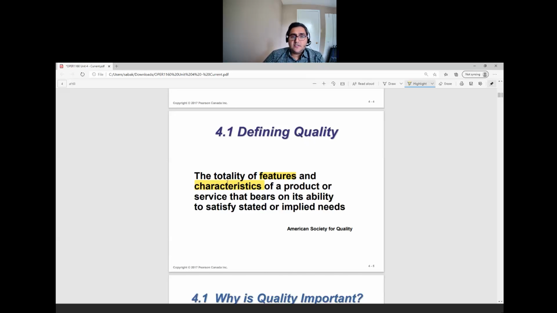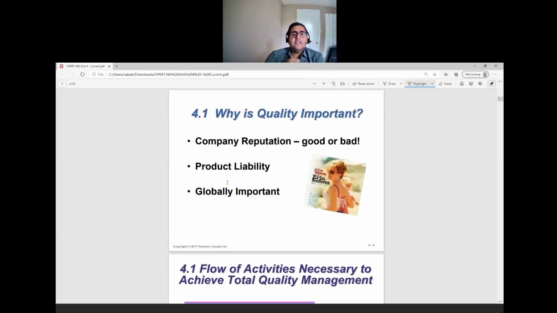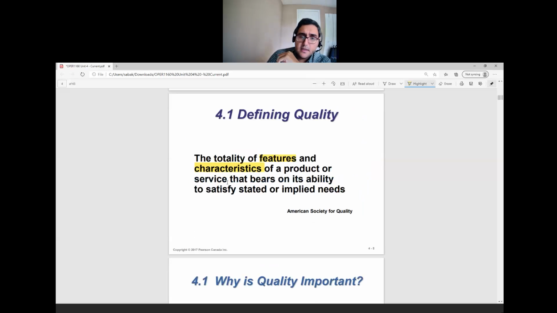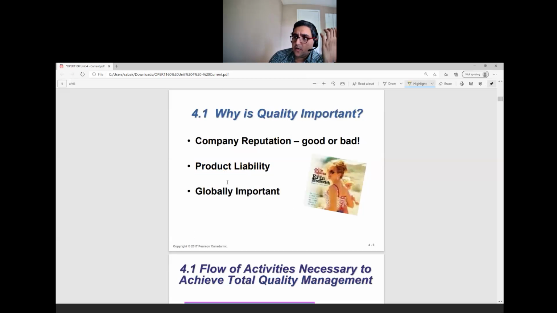So the next point is, why is quality very important? The reason is the company's reputation. If a company is not able to provide items of the desired quality, then it won't be able to sustain in the market.